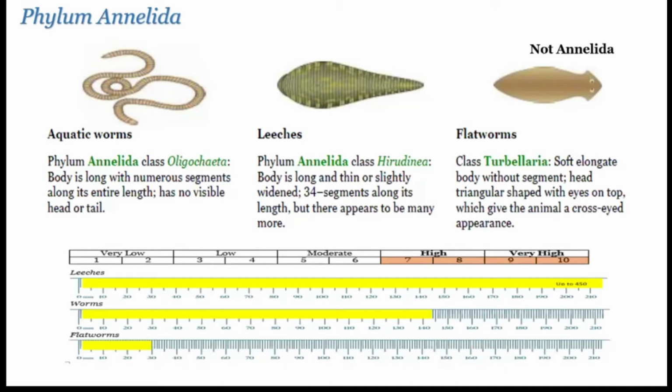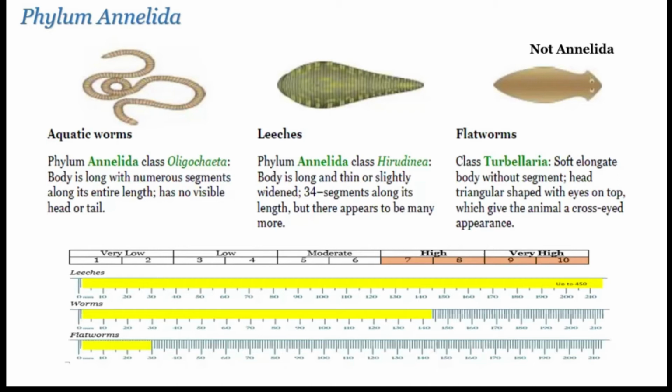The difference is sometimes difficult to see, but the flatworm won't have any segments, and the eye spots look like they have crossed eyes. And as you can see, their tolerance is high or very high, and leeches get very big, and so do worms. Flatworms are very small. There are exceptions to that.